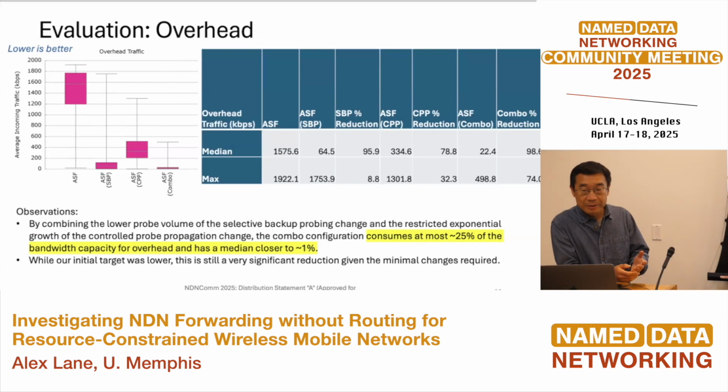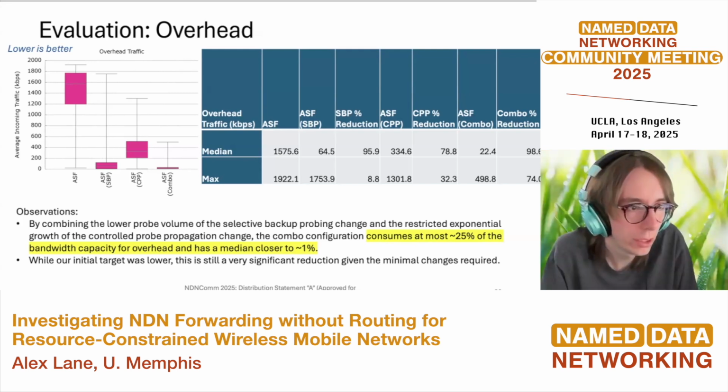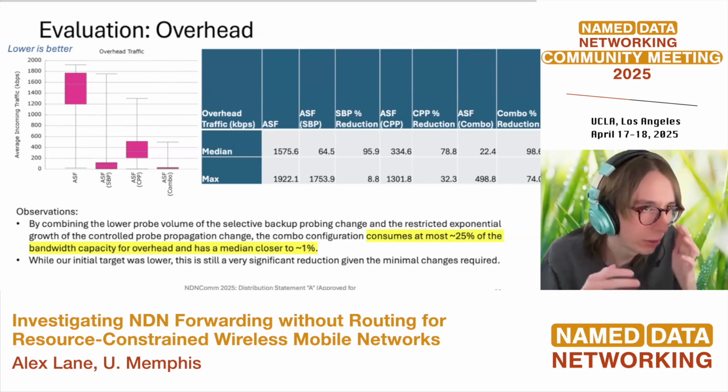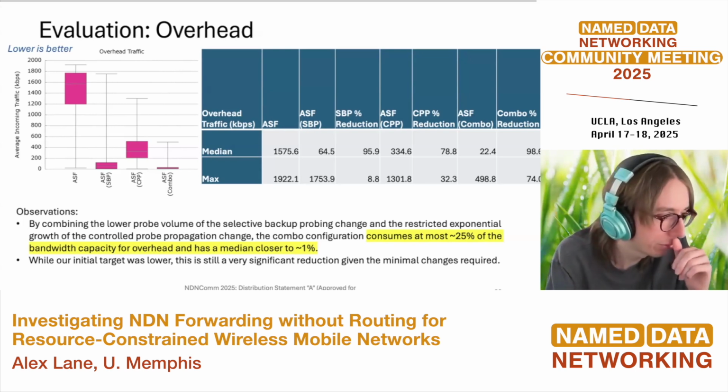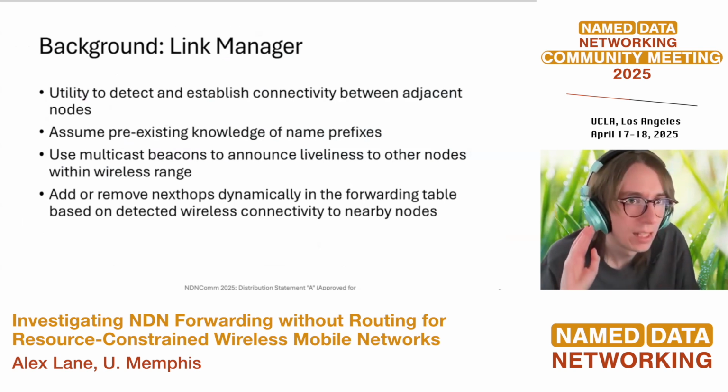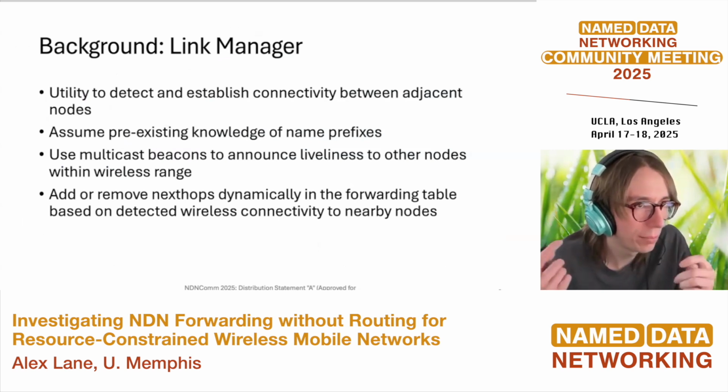Alex, when you do the evaluation, ASF is just a forwarding strategy, so do you also have a routing protocol underlying? No. Part of the idea was to only use our stateful routing. We have Link Manager. I kind of glossed over this briefly. I'll jump back to the slide. It wasn't necessarily the main focus. This is basically just an NDN utility that mostly handles neighbor handling and basic FIB route insertion.